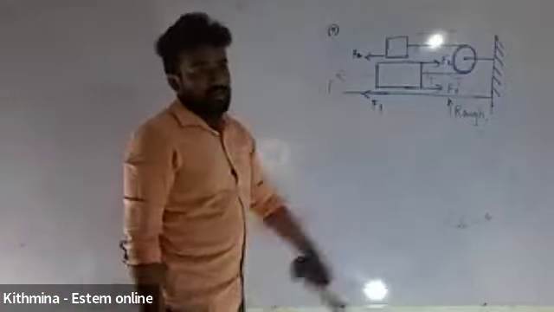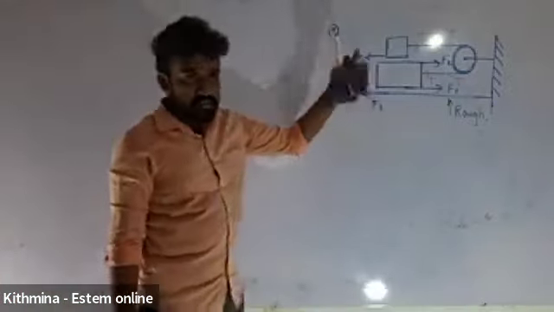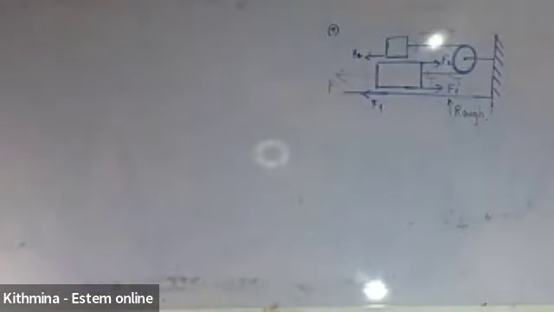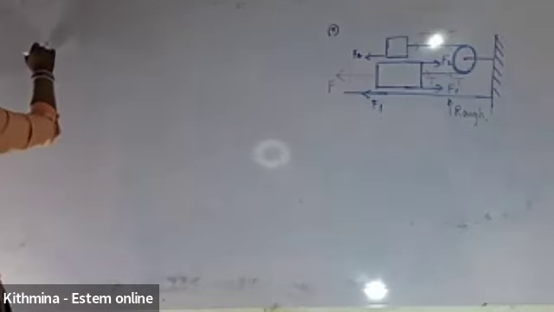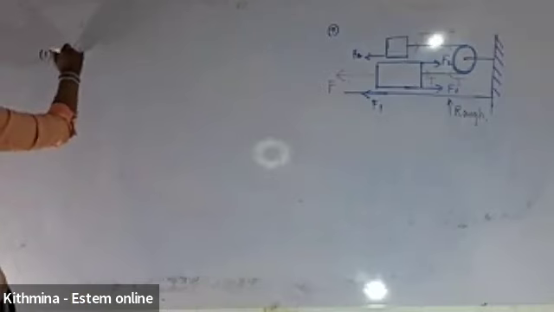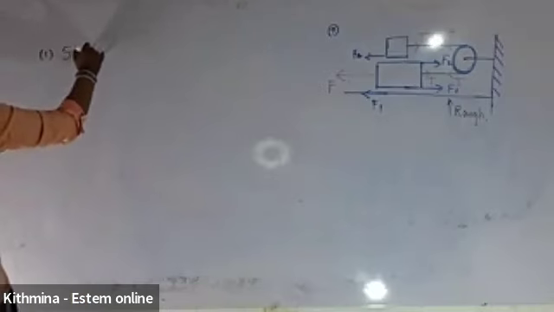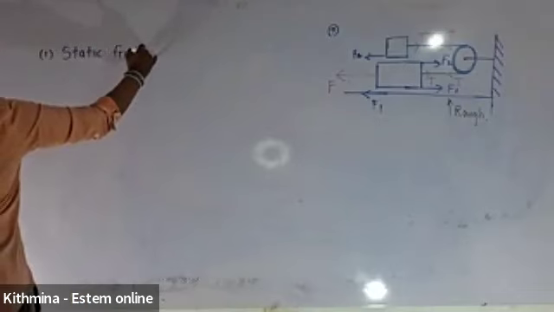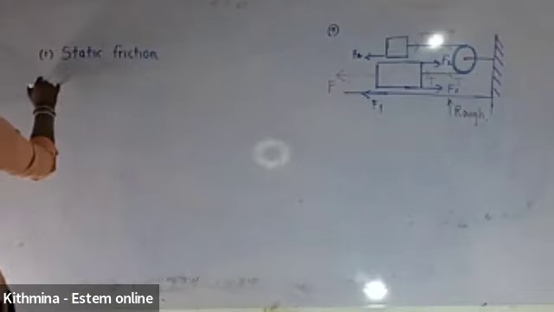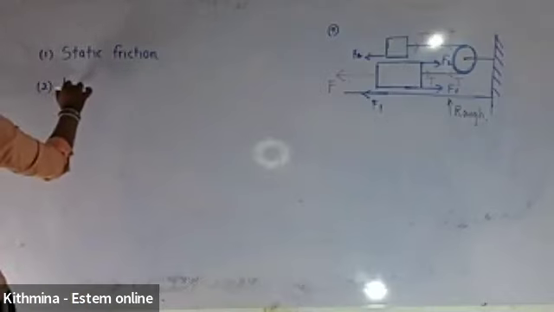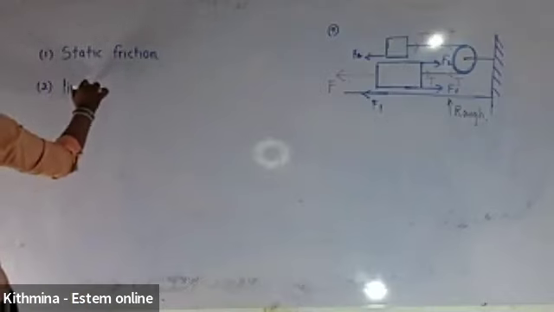Okay, draw these things. If any questions, please ask. Otherwise, draw these things. Now, after this, there are three types of friction. First is static friction. Second one is limiting frictional force.